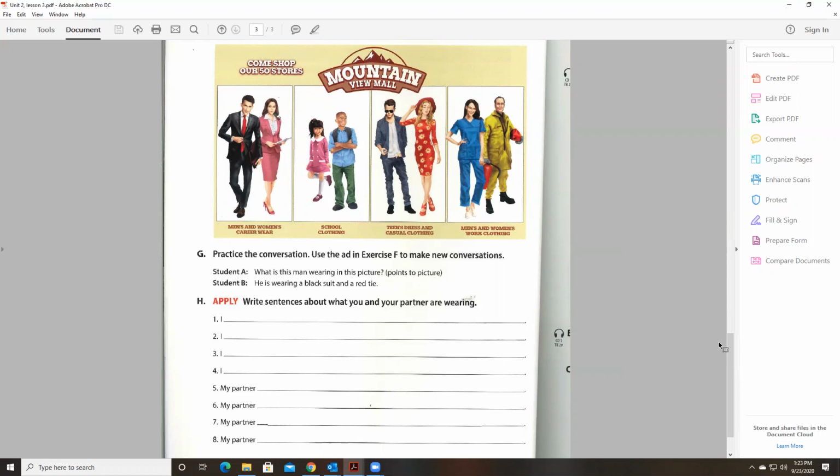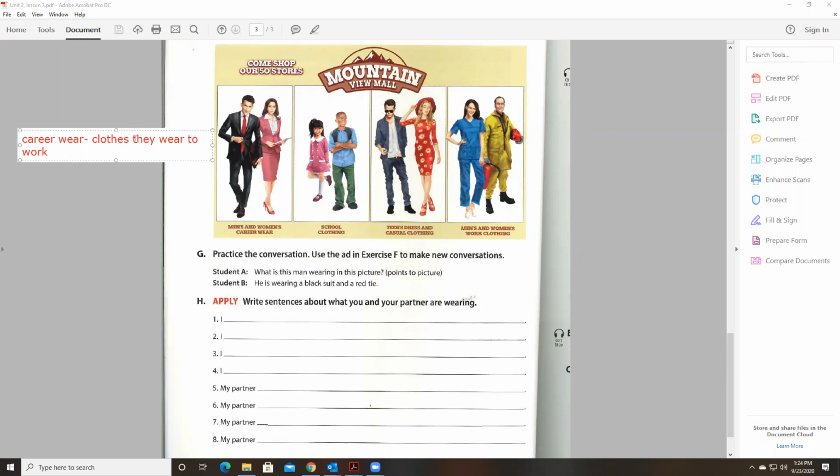So in the first section, it says men and women's career wear. Career wear means the clothes they wear to work. Now remember, this is going to be different for everybody.